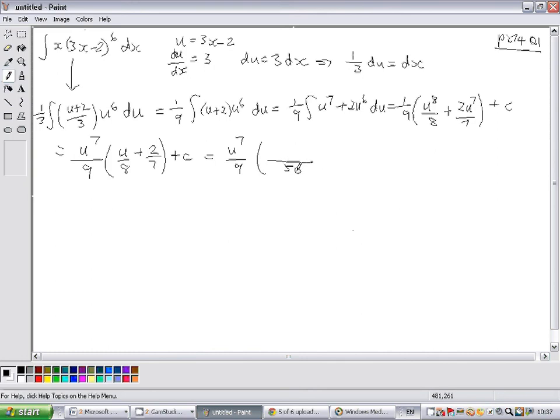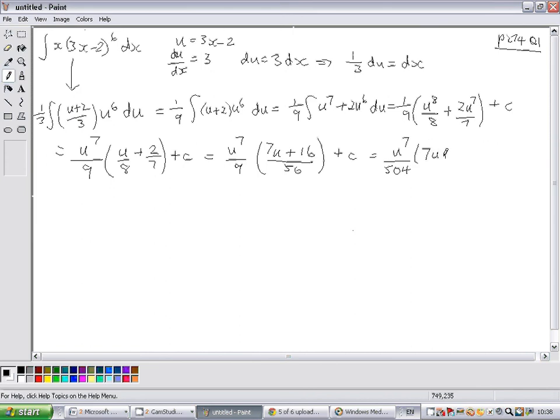8 into 56 goes 7 obviously, so it's 7u, and then 7 into 56 is 8, so 2 8s, 16. Now grab your calculator. I think 56 times 9 is 504. So we'll have u to the 7, and if I bring the 56 out, that's 504, and in the bracket 7u plus 16.